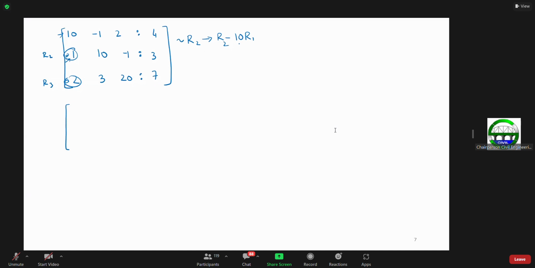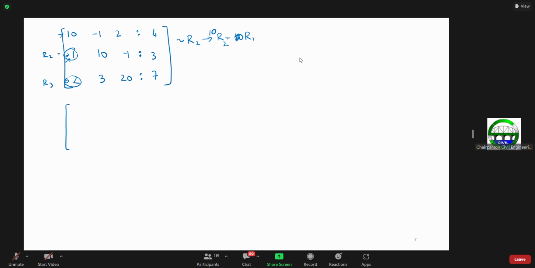No, it should be R2 is equal to 10 R2 minus R1, right? Okay. So what I'm gonna do in here is that I multiply this row with 10, right?